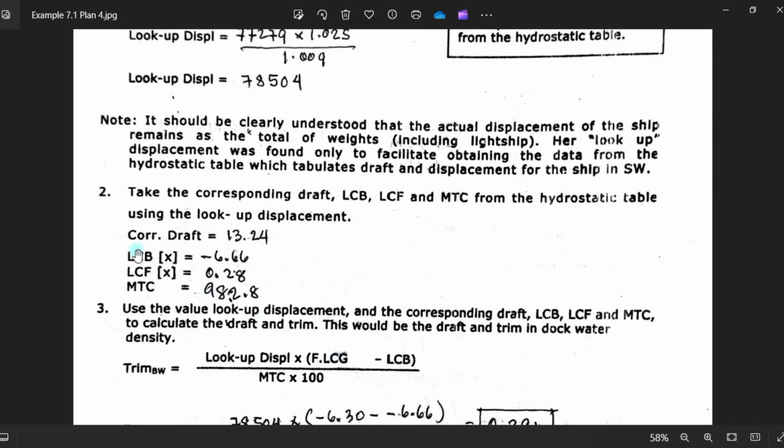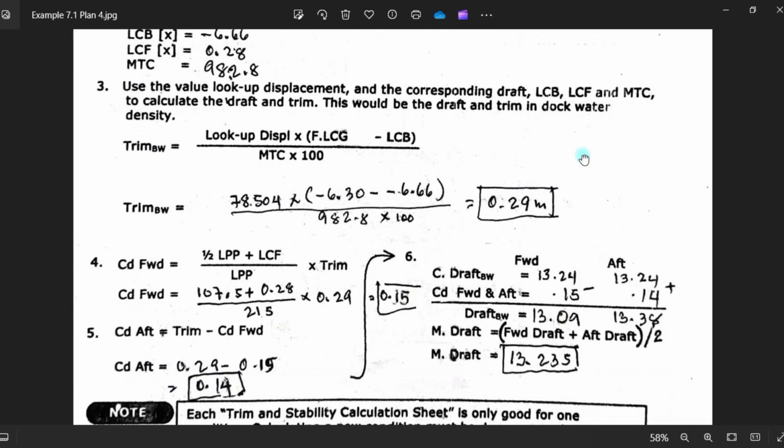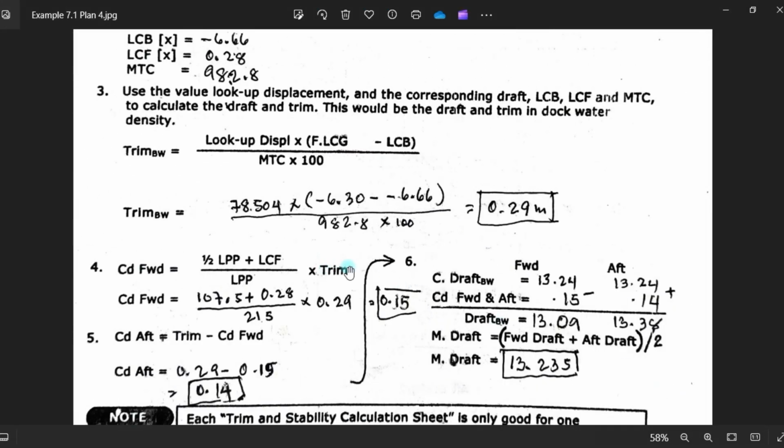We have already this main drop of 13.24. So once you get this main drop or departure drop, you can now compute the forward and aft drop departure. This is what I want to emphasize: when your final LCG is behind LCB, you are trimmed by the stern.